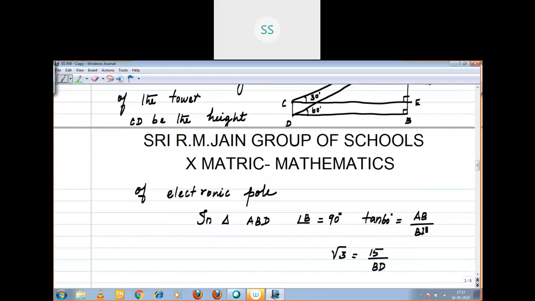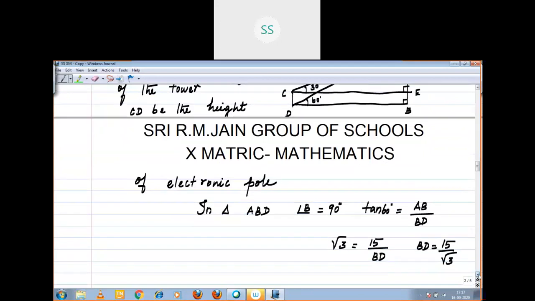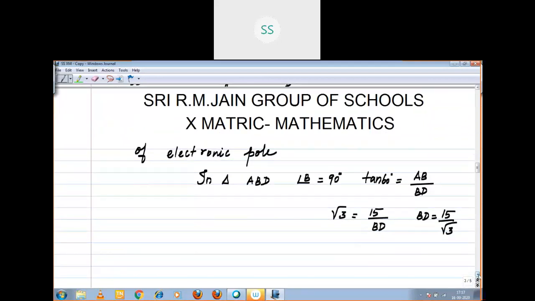What is AB? The height of the tower. What is given? 15. So, root 3 equal to 15 divided by BD. Now, BD equal to 15 divided by root 3. Got it, children?